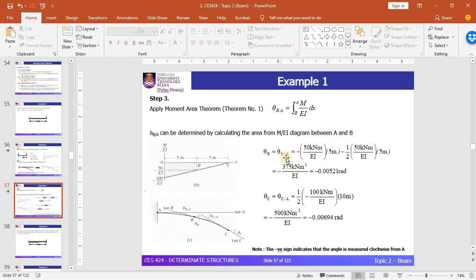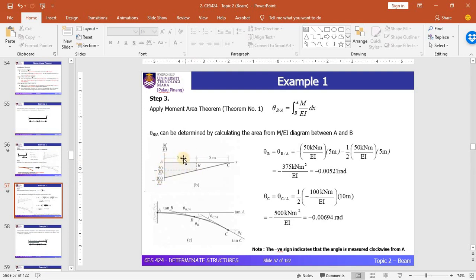For theta BA, you can see that the limit is from B to A based on this MEI diagram. This means you need to find the area of this shaded area.